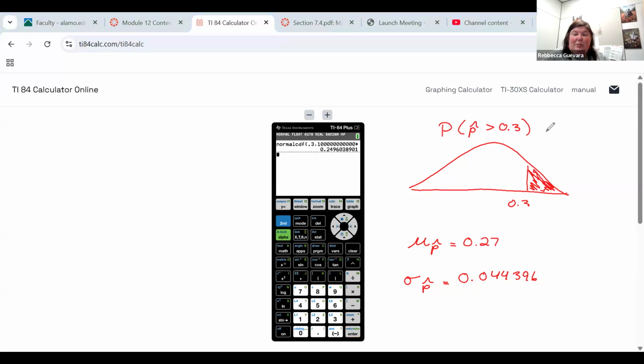And what we're getting is that the probability that my proportion is over 0.3 is 0.2496, or approximately we say 0.25.